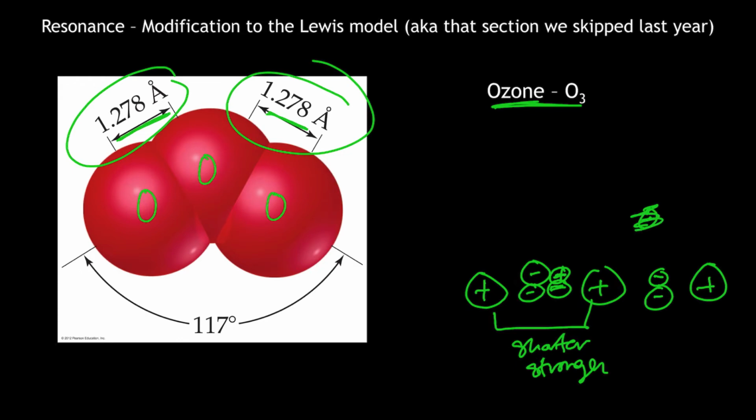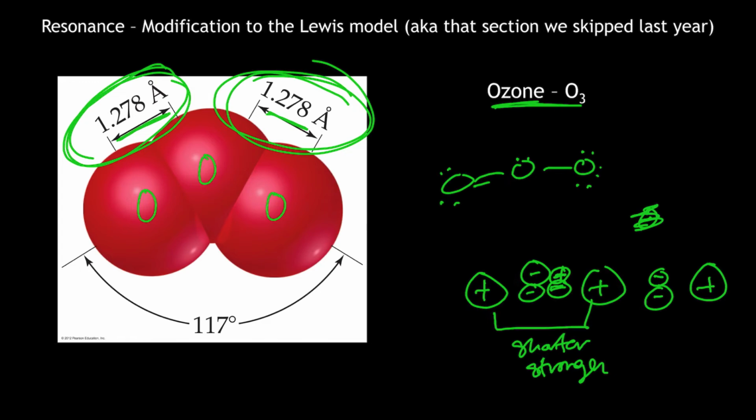So if observational evidence said that there was one that was shorter and stronger and one that was a little bit longer and weaker, then that would mean that ozone definitely looked like this, as in a double bond and a single bond, because that's what would fit. But observational evidence tells us that indeed those bonds are equal in length and strength.